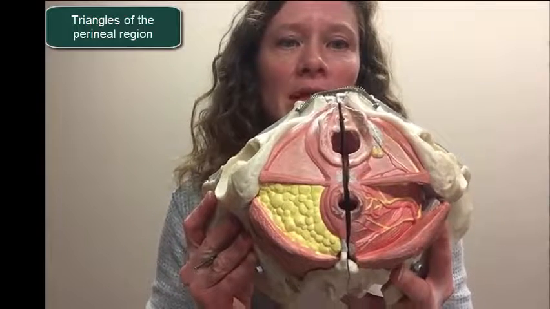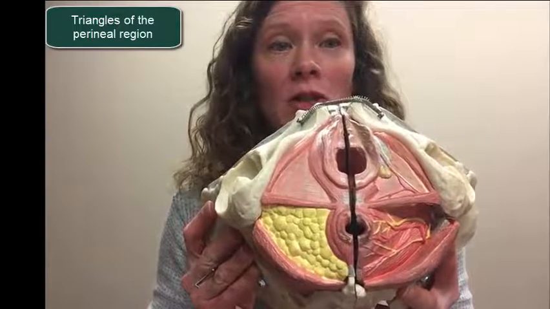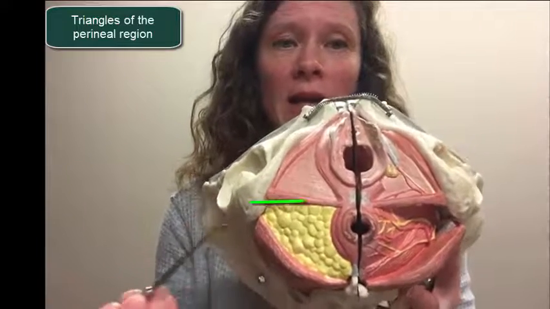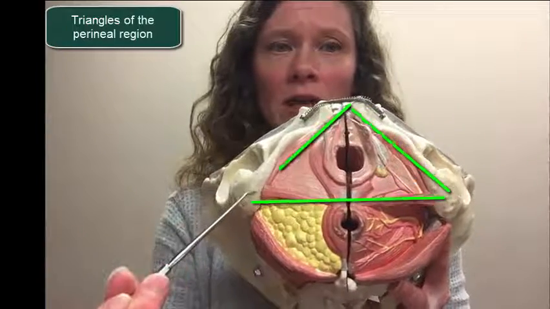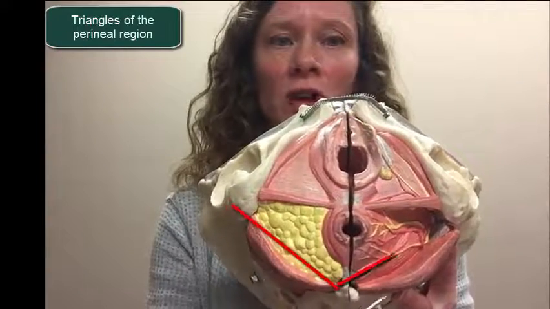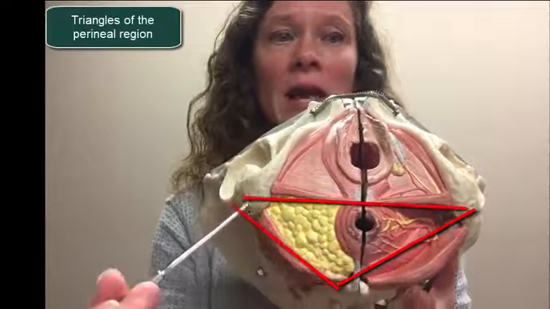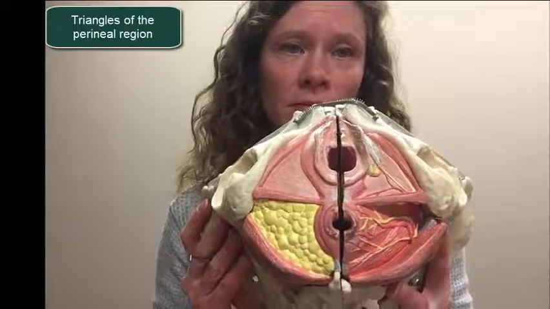Now the perineum can further be divided into two triangles. The anterior triangle being the urogenital triangle and the posterior triangle being the anal triangle.